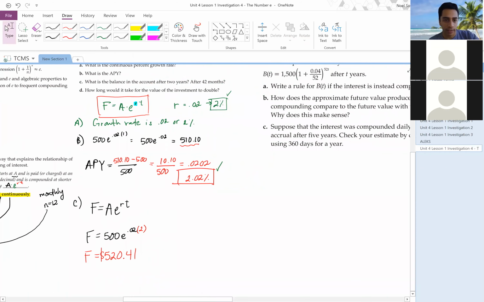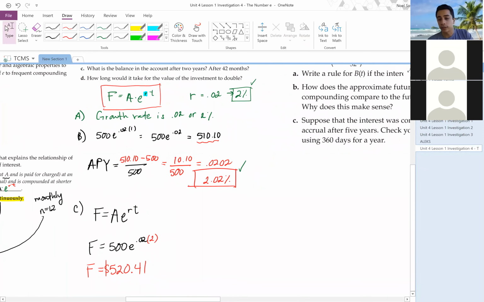And then it also asks about after 42 months, right? The key part here is to understand that when time is represented in years, you have to make the conversion from months to years before you plug it in. You obviously don't want to plug in 42, because that would mean 42 years.